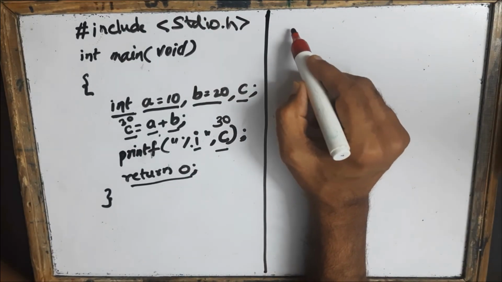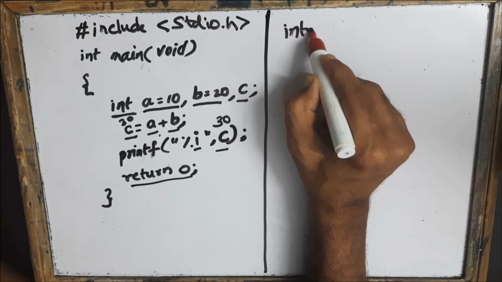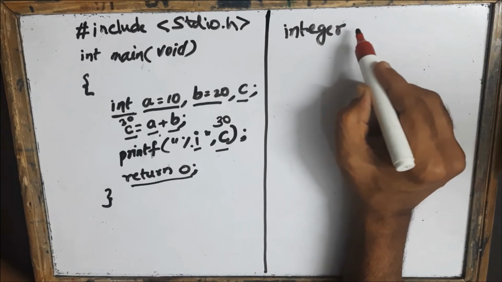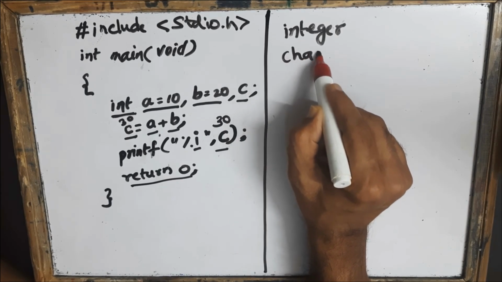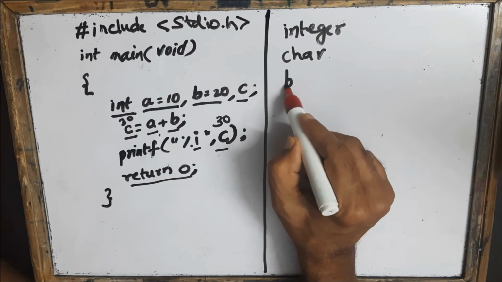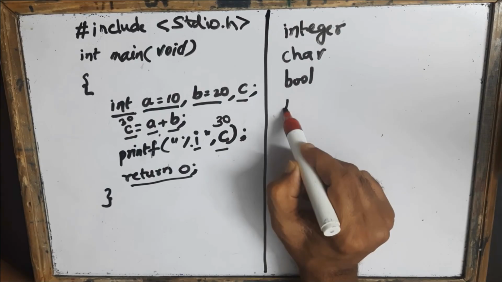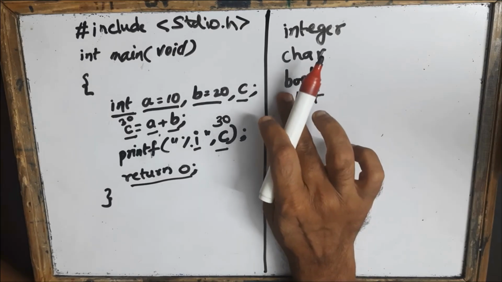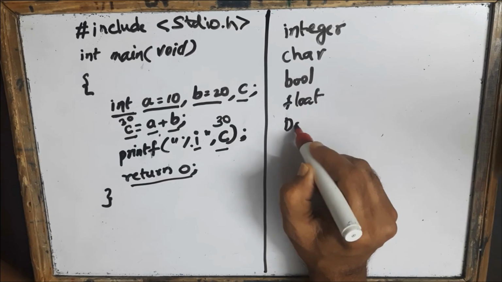So now we know that we have data types: integer, character, bool, integer, float (a small letter), and double.